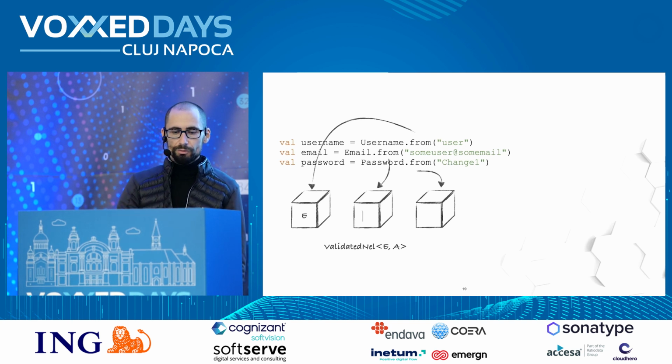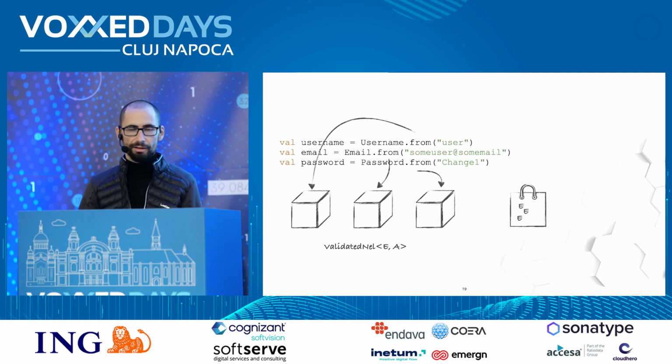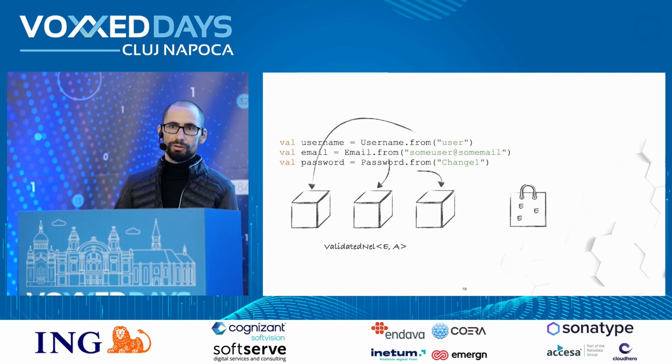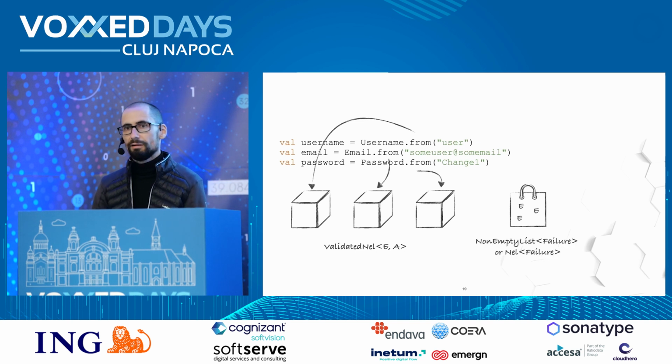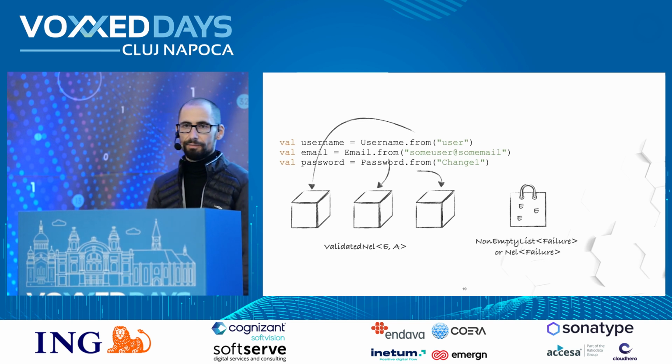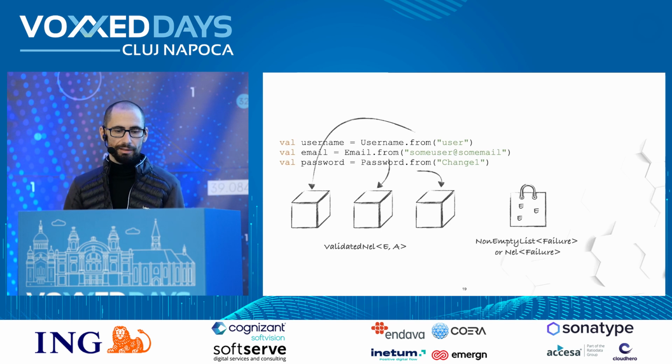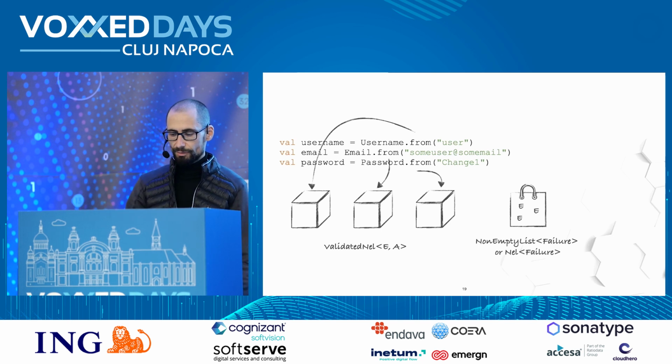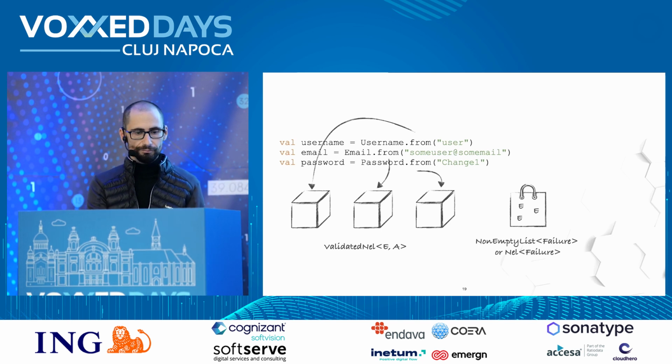In case we have one or multiple failures, we want to take all of those failures and put them in the same bag because we want to give them to the user at the same time. And this bag, as you might have guessed, is a NonEmptyList of Failure, or its type alias Nel of Failure, which is basically the same thing.